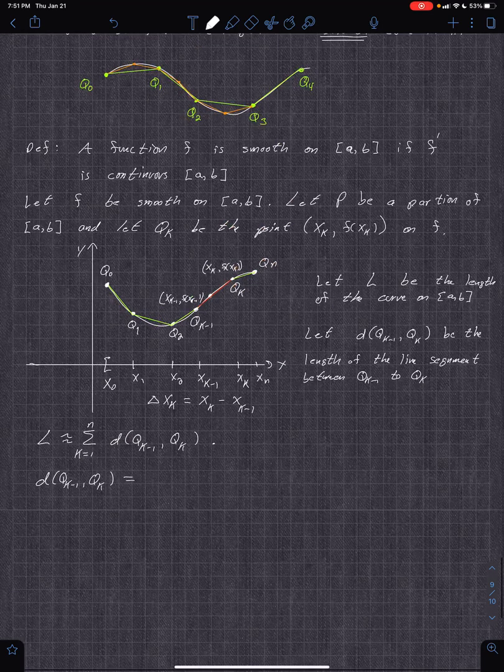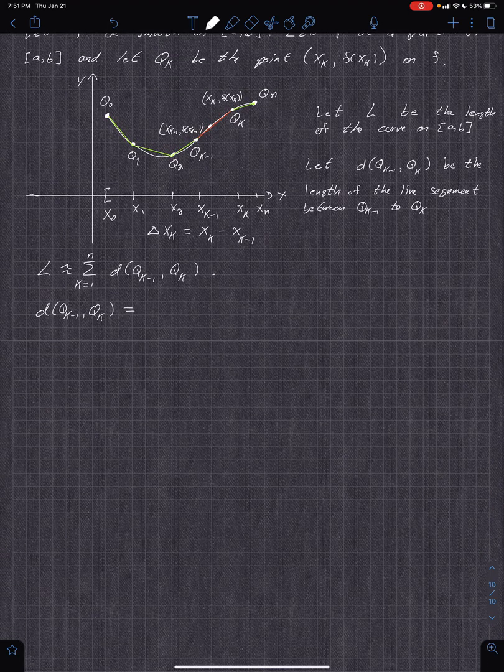So it's equal to the square root of, and this is the distance formula, that's why I did it above, x sub k minus x sub k minus 1. The order doesn't really matter, because you're squaring it. Plus the function values, f of x sub k minus f of x sub k minus 1, and then we square that, and put the radical all the way across.